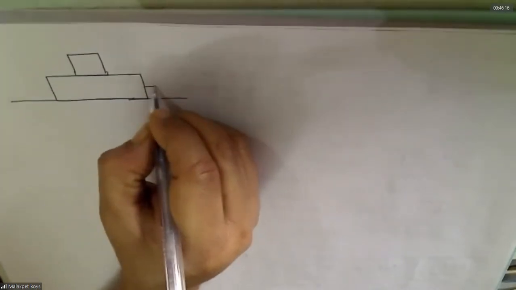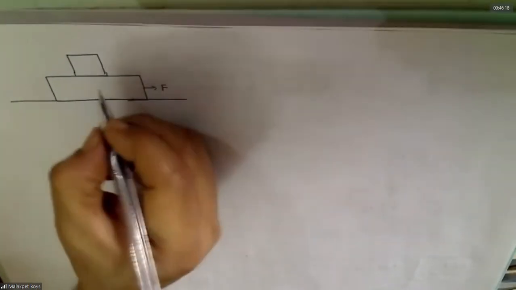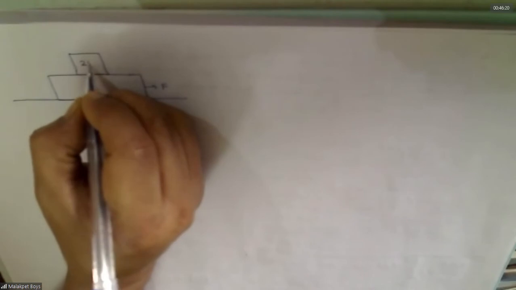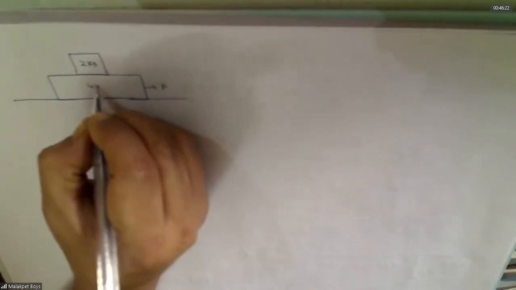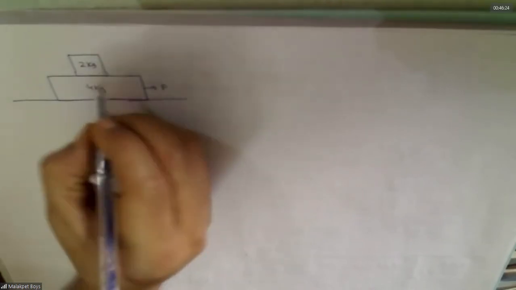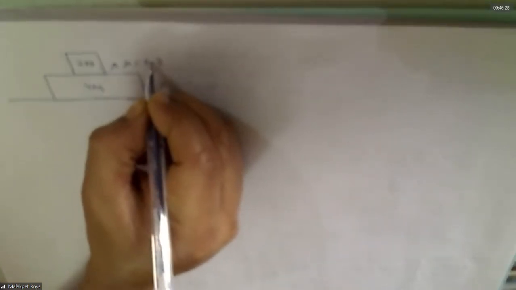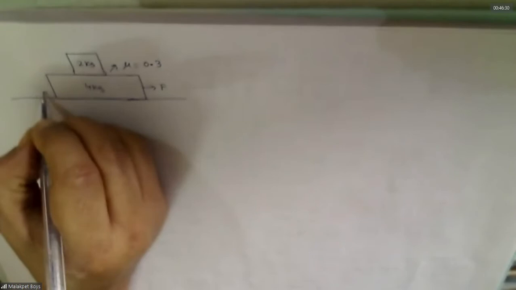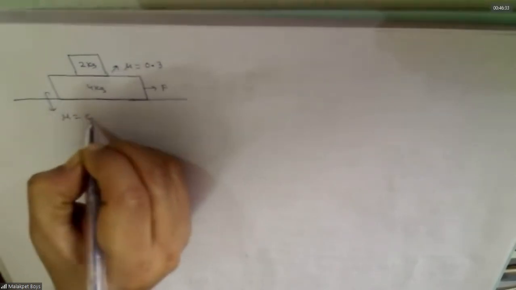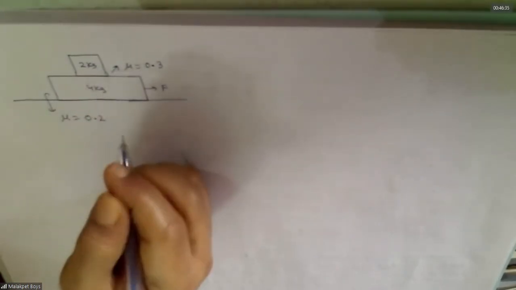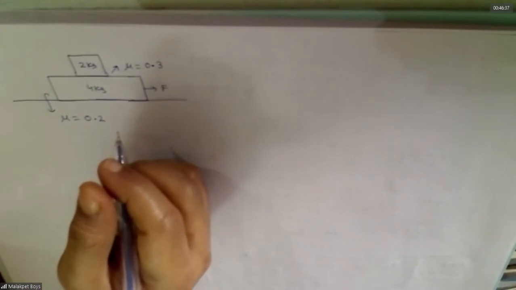This is F, 2 kg, 4 kg. Here F is gradually increased.